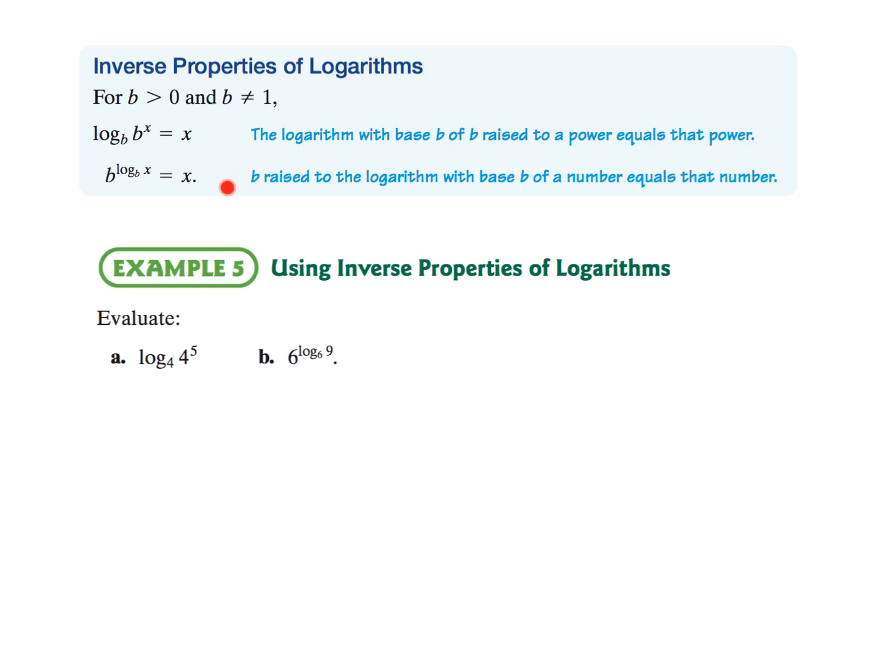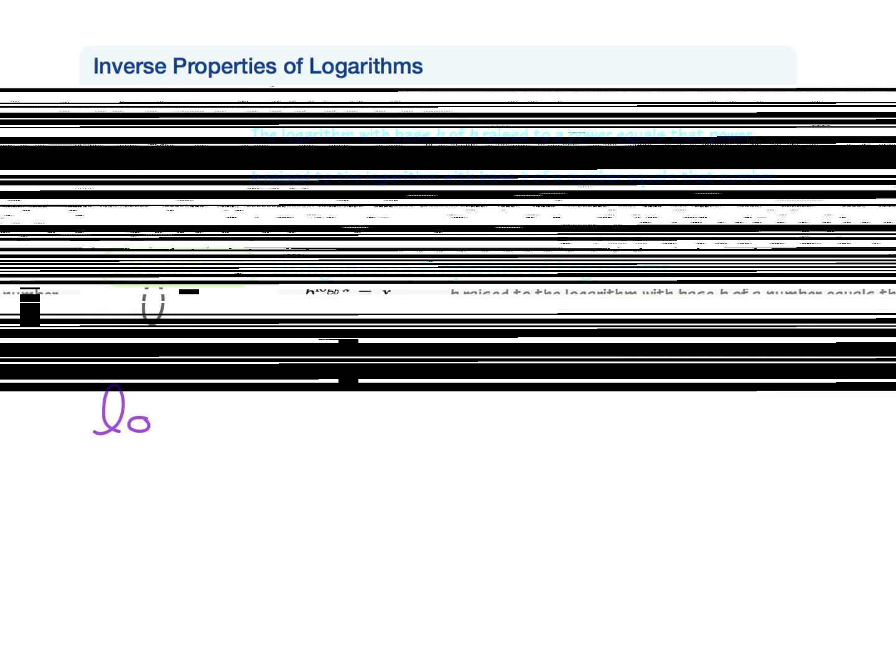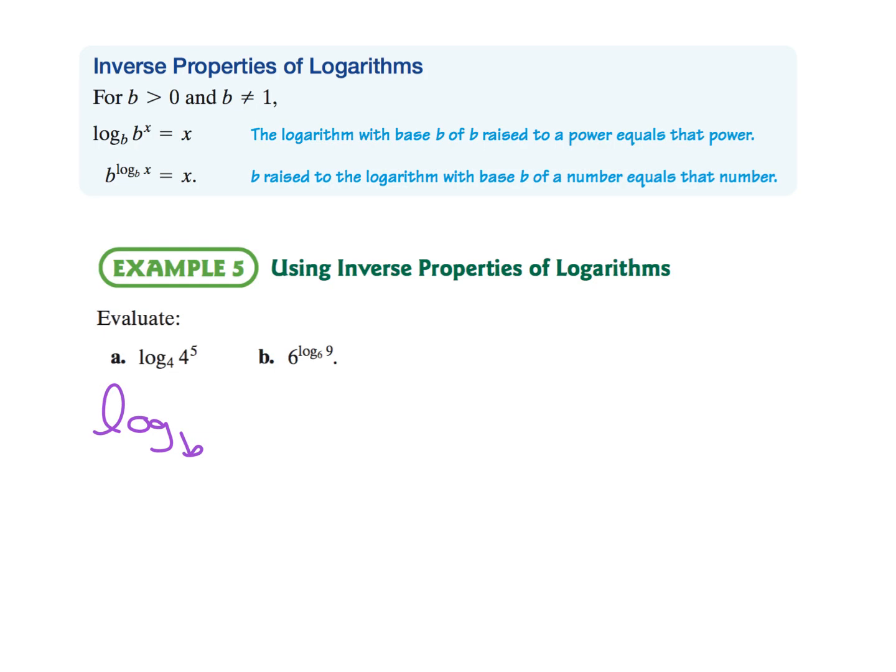Looking at the first one for part A, I'm going to rewrite it. Log base b of b to the x is equal to x. So log base 4 of 4 to the 5th has to be equal to 5 using the property there.